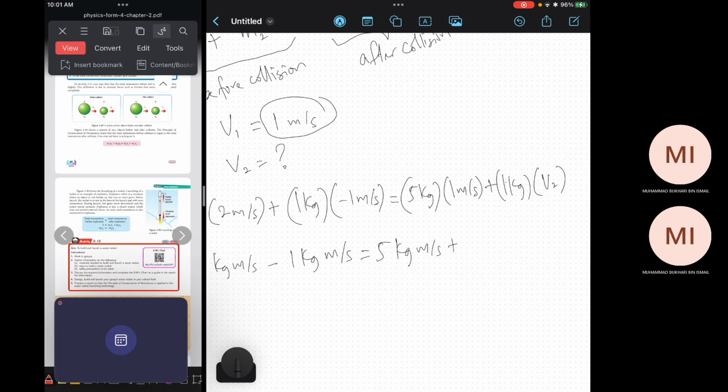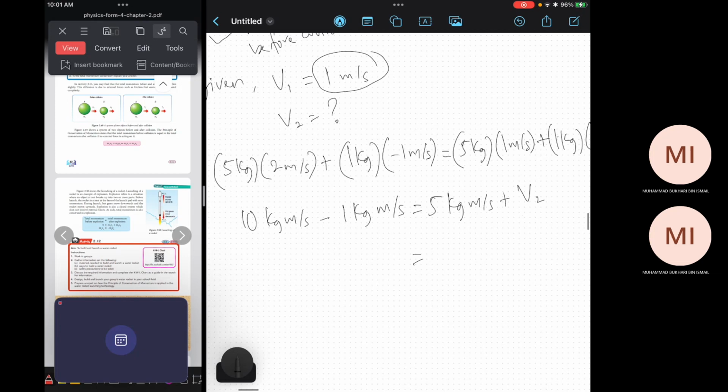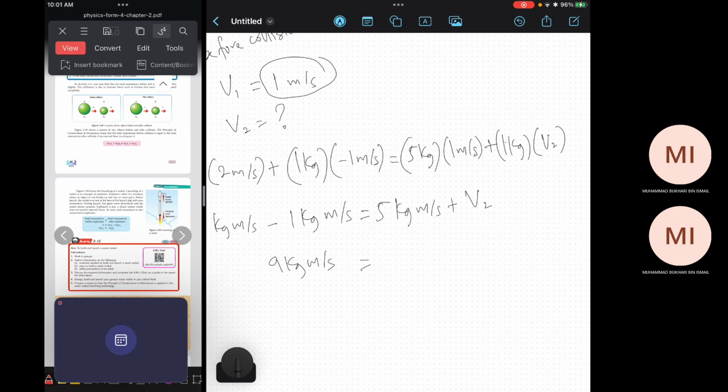V2 times 1 dapat V2 juga lah. In this case is 1, so you get V2. Okay, so how to solve this problem? 10 minus 1, you get 9 kilogram meter per second. Betul? Yang ni remember, yang ni unit dia apa? Dia still ada kilogram meter second juga cuma kita tak tahu apa itu V2. Betul?